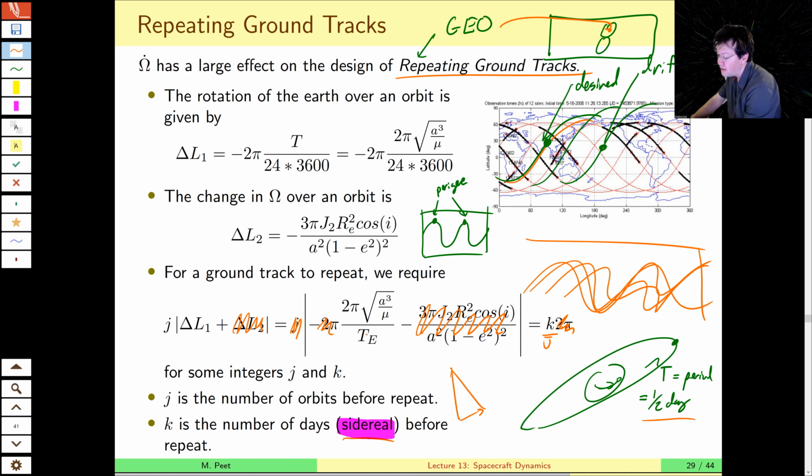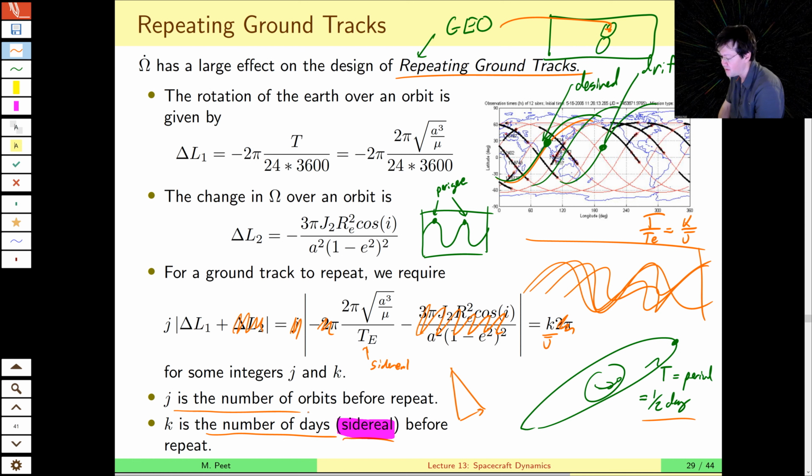Your period divided by the sidereal day equal to a fraction. So T over T_E equals k over j for some fraction. And then eventually it'll repeat, right? And so when will it repeat? It'll take k days to repeat and j orbits to repeat, right?